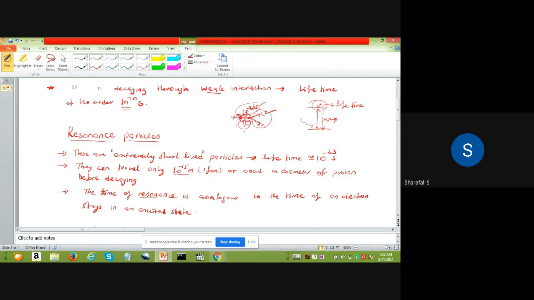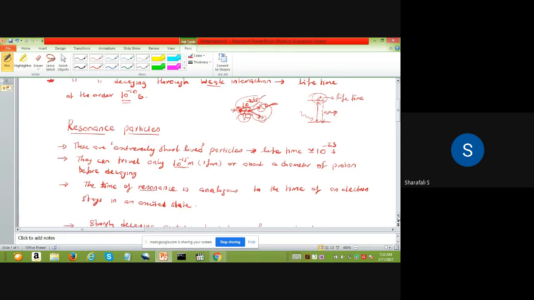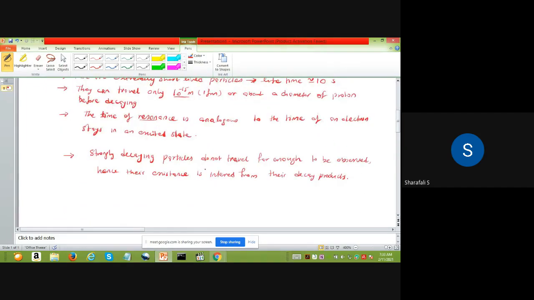So detecting these particles is very difficult. We have to analyze the decay products, and then we conclude that there can be these resonance particles. So their existence is inferred from their decay products.